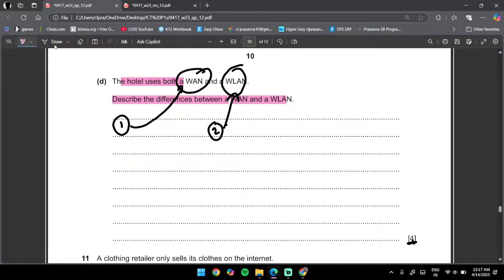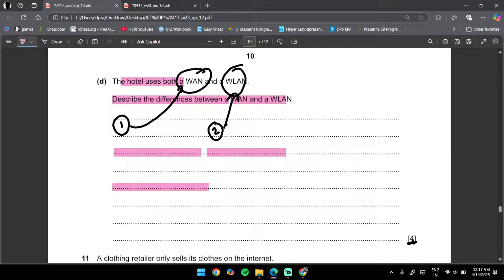Then I can say that the WAN is used to connect networks over the internet, or it's formed using a group of LANs connected to a router. The WLAN is used over a small geographical area, usually a school building or an office site, and uses wireless access points, whilst the WAN doesn't do that, I think.